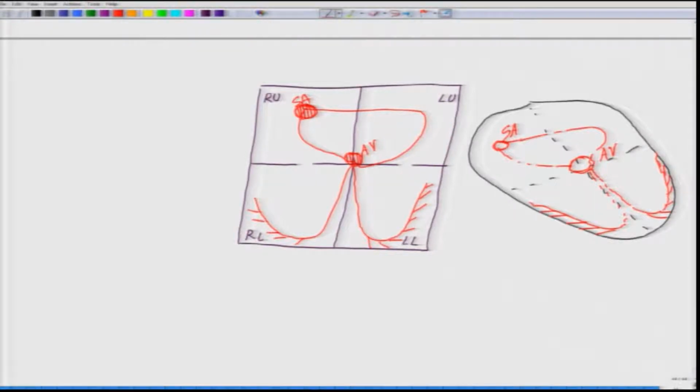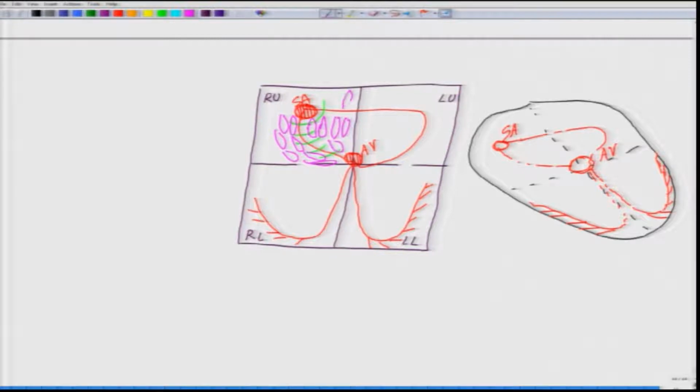what is important here is that while the current wave is moving, it is creating an induction effect in the surrounding, which I am showing by the cardiac myocytes, which constitute this whole chamber. This chamber is made up of cells.